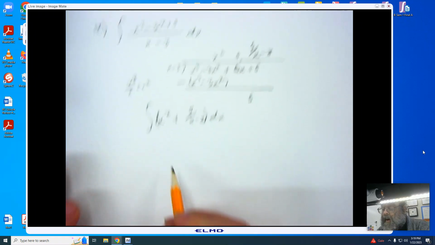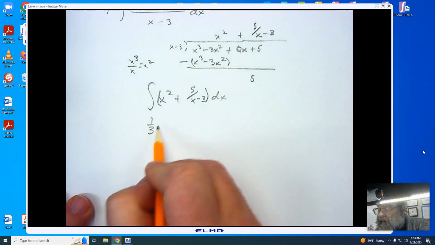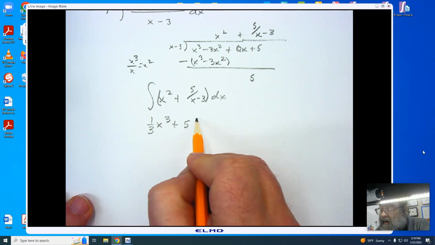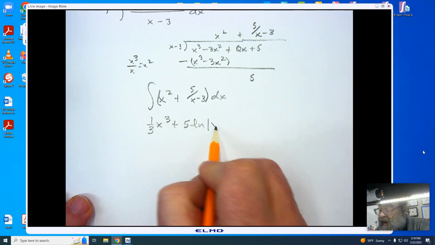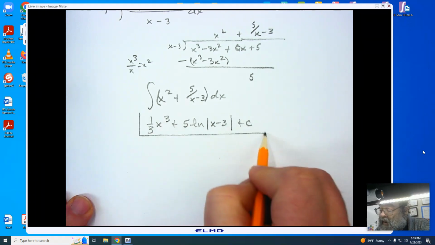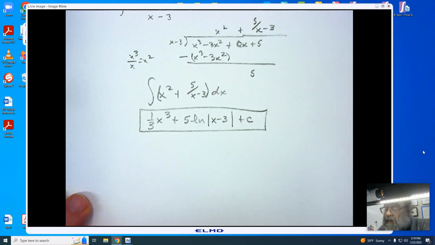All right. Now as we integrate, we have our 1/3 x cubed. The 5 comes out in front. We have the natural log of x minus 3 plus c. And there is our answer.